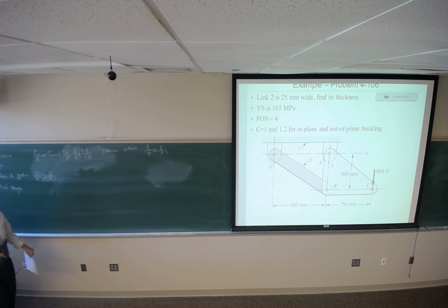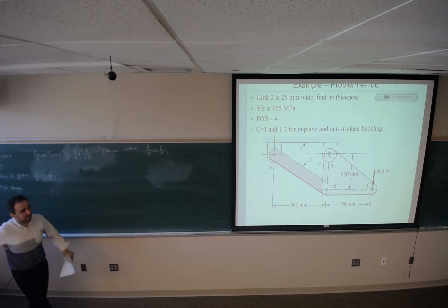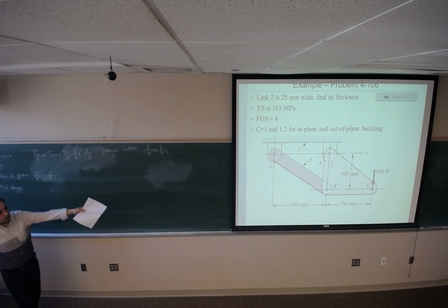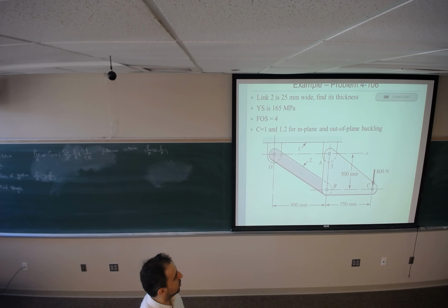Any other question so far? So we are gonna work on this example. I cannot ask you any more difficult than this problem. So if you know how to work on this problem for the buckling, you should be good.